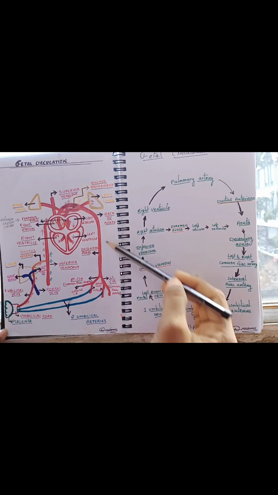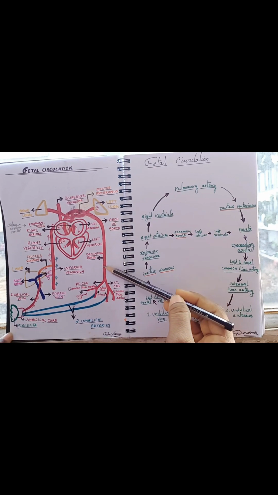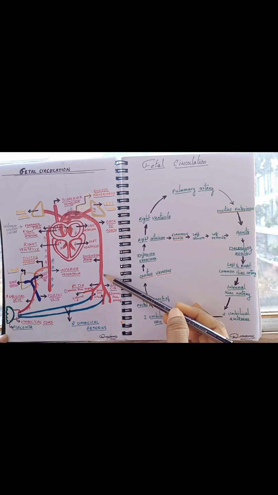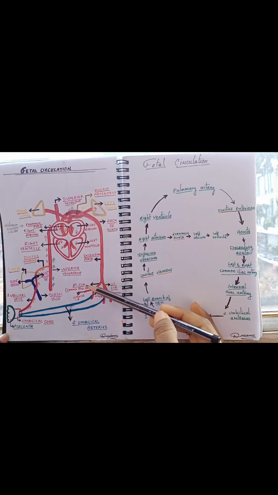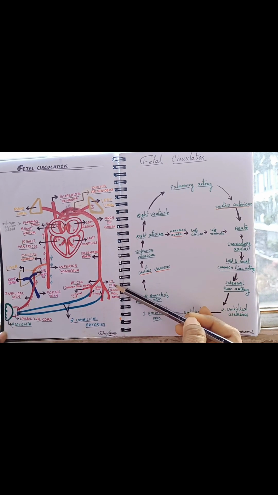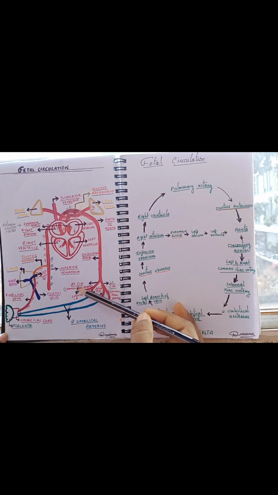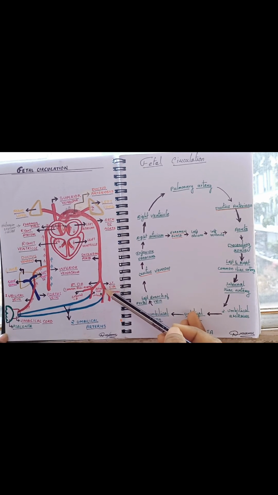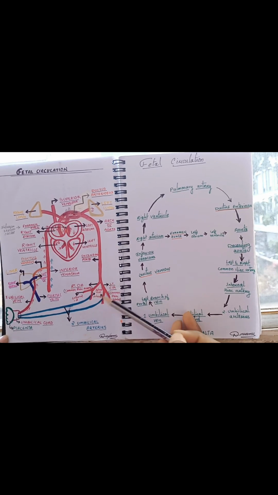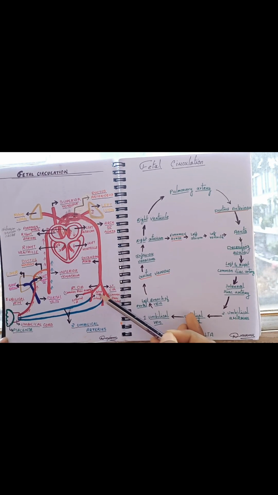The deoxygenated blood is coming down. This descending aorta again creates two branches, that is the right common iliac artery and the left common iliac artery. These common iliac arteries are again divided into two branches, the external branches and the internal branches.